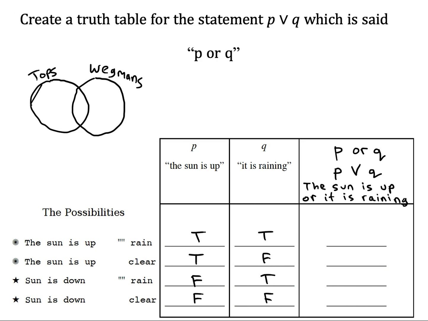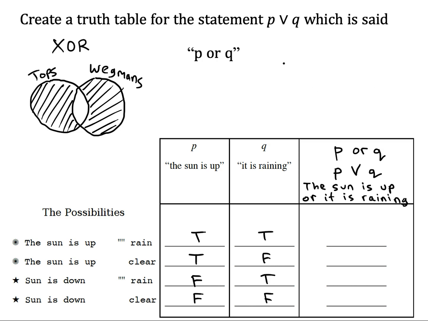Now that English meaning of or that we often use is the exclusive or. It means you could go to one or the other, but not both. And that in logic is sometimes called XOR to make it clear that it's an exclusive OR.